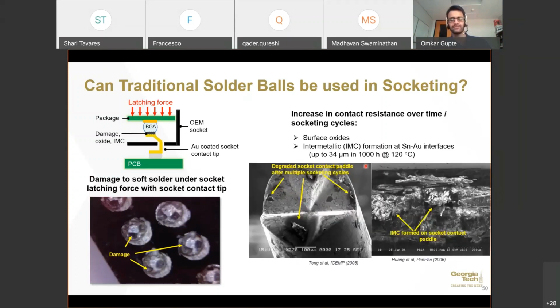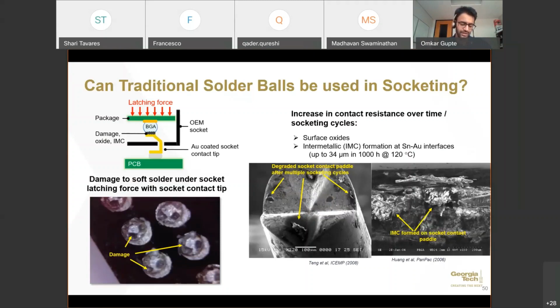And also, over time, the BGA solders react with the socket paddles to form intermetallics or surface oxides at the interface, and they increase the contact resistance at the interface. So it leads to a large number of electrical losses.